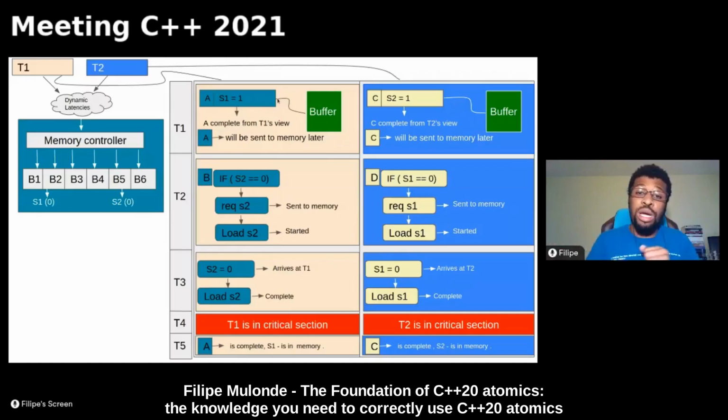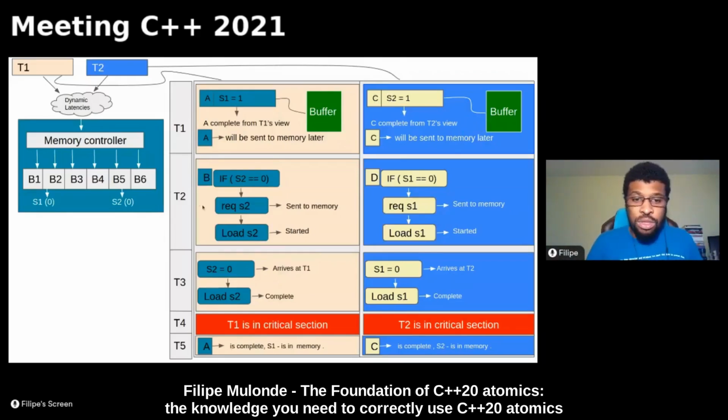Instead, thread 1 is writing to a local buffer. But from the point of view of thread 1, this operation is complete, even though the thread will update the memory later. And thread 2 does the same with respect to its flag, the variable S2. Instead of updating the memory directly, it also writes to a local buffer and will update the memory later.